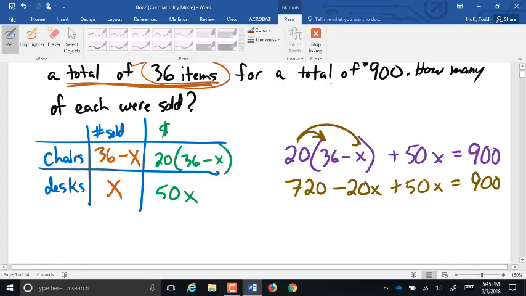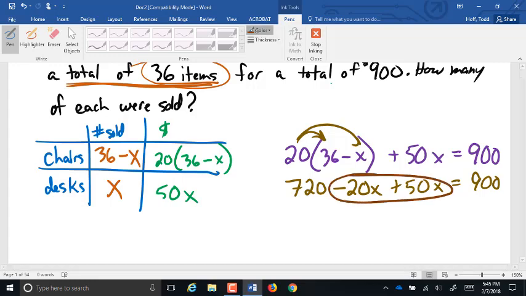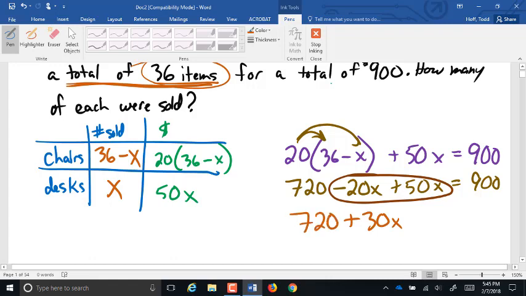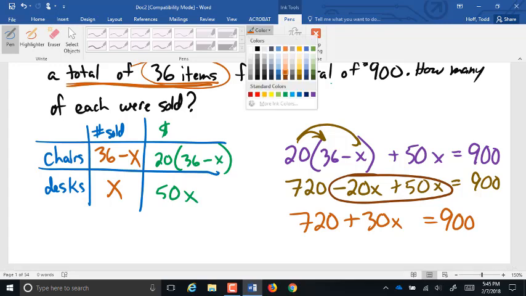And we have to make sure that the variable only appears once. Here we can combine on the left side the negative 20X and the positive 50X to make 30X. And it's positive, so I put a plus in front of it. So that's 720 plus 30X equals 900.